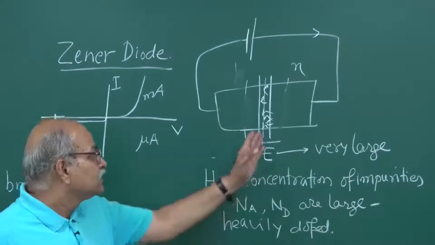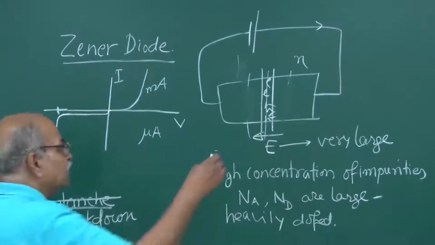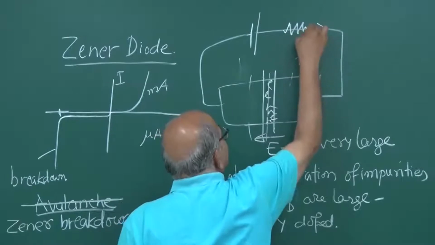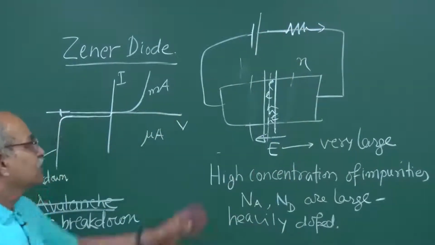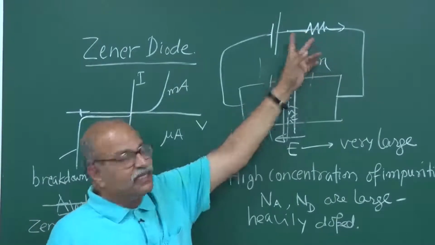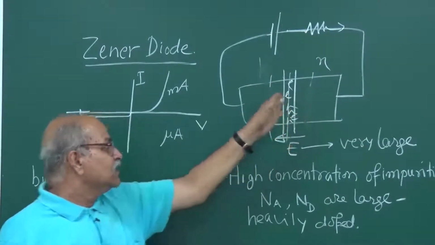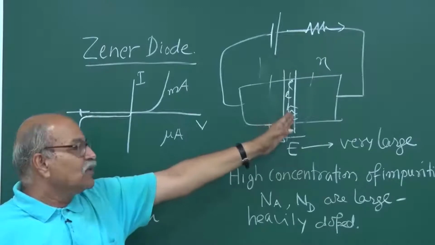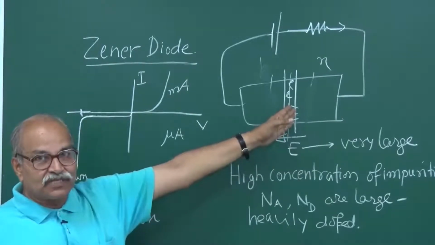So you will have to put a resistance somewhere, so that the extra voltage drops here. Okay, here the voltage drop is just, if it is made for 2 volts, it's 2 volts, right?